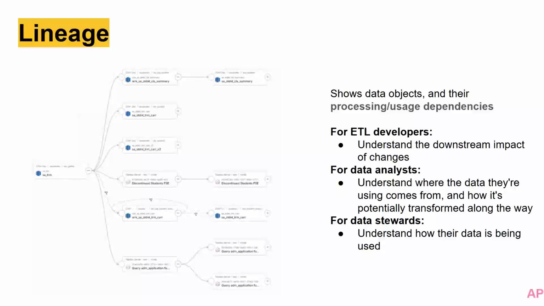From a developer perspective, you can understand the downstream impacts of any changes you're making in the table itself. From an analyst perspective, you know where this data is coming from, how to use it, and how it's been transformed. And from a data steward perspective, if I own SA term, I want to know how my data is being used and where it's being used. So it gives me a lot of insight into the path and transformations this data has taken throughout the university.